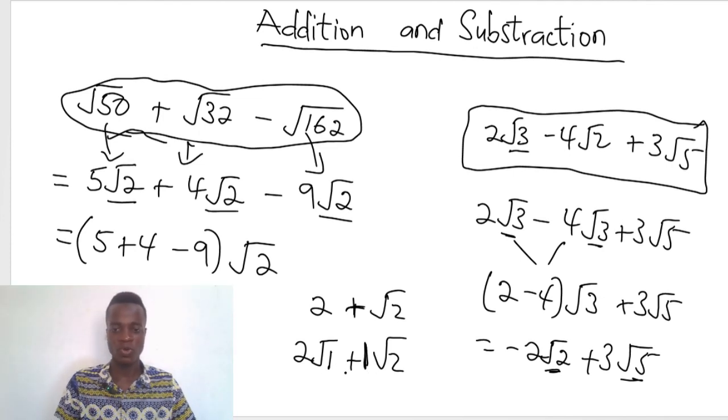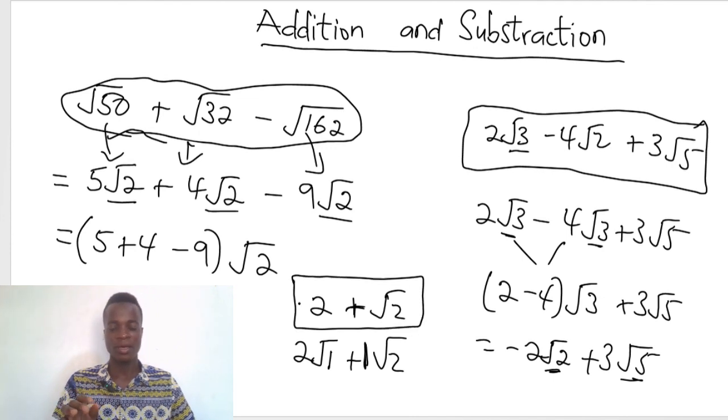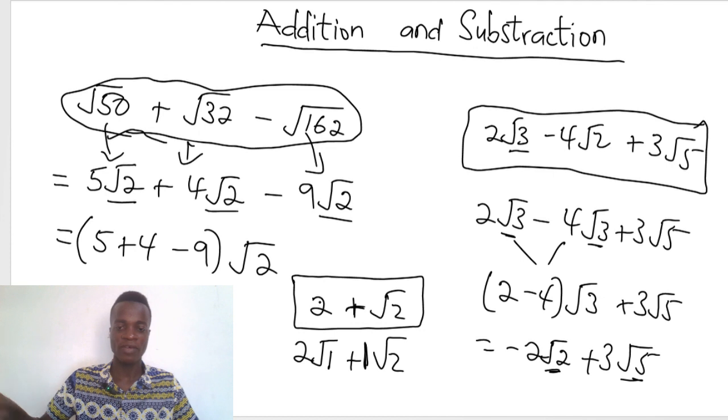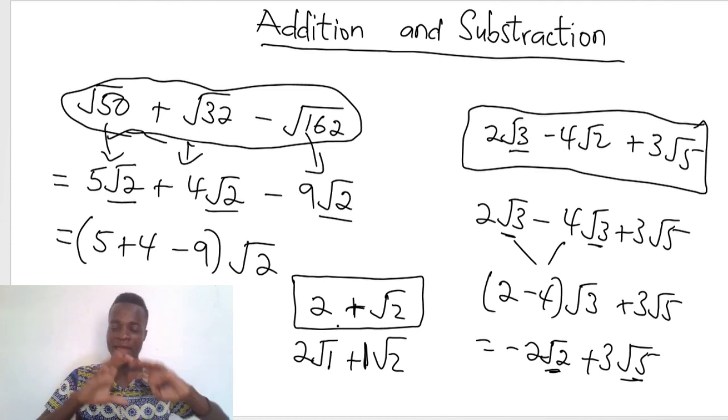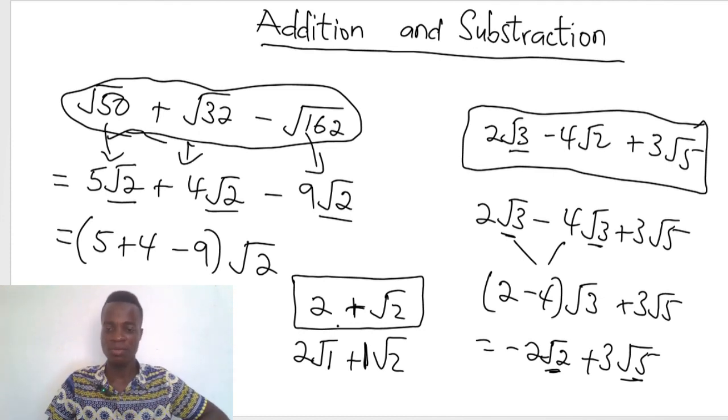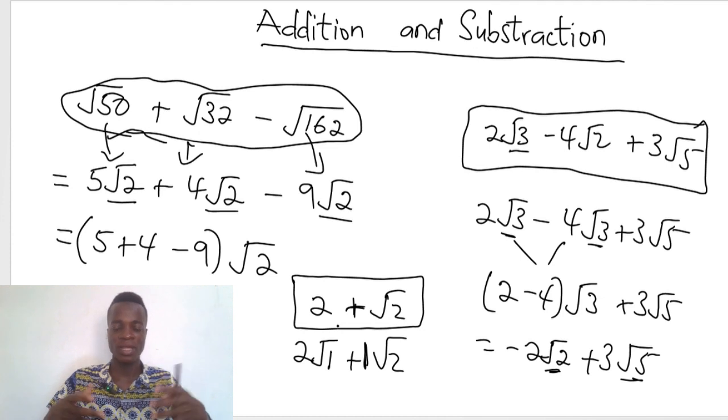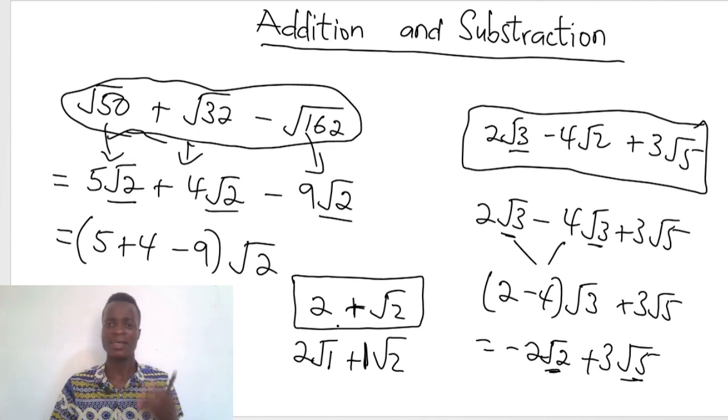That's why we cannot add 2 and 3. That's why you see them simply like this, because we have 2 root 1, but we can't add. Root 1 and root 2 are not the same, so you cannot go ahead with them. That's why numbers like 2 plus root 2, 2 plus whatever, are maintained like this, because for addition to happen, they should have the same roots, and the numbers under the square root don't interact. This is how to go about addition and subtraction.